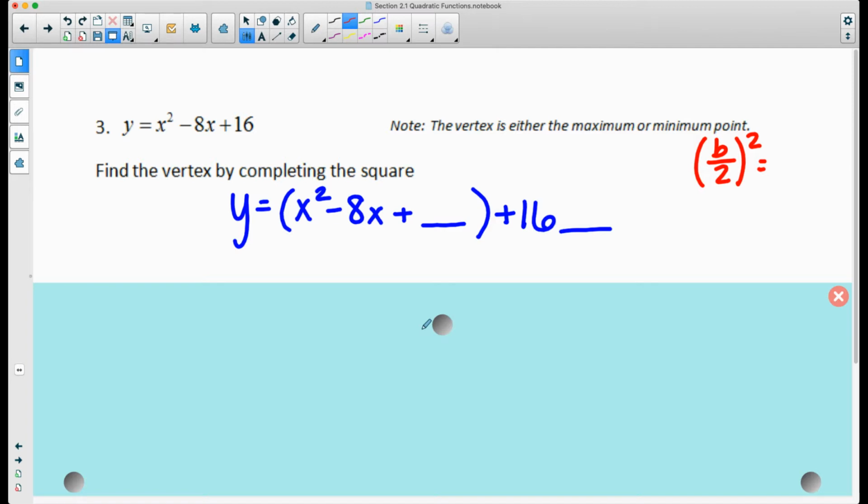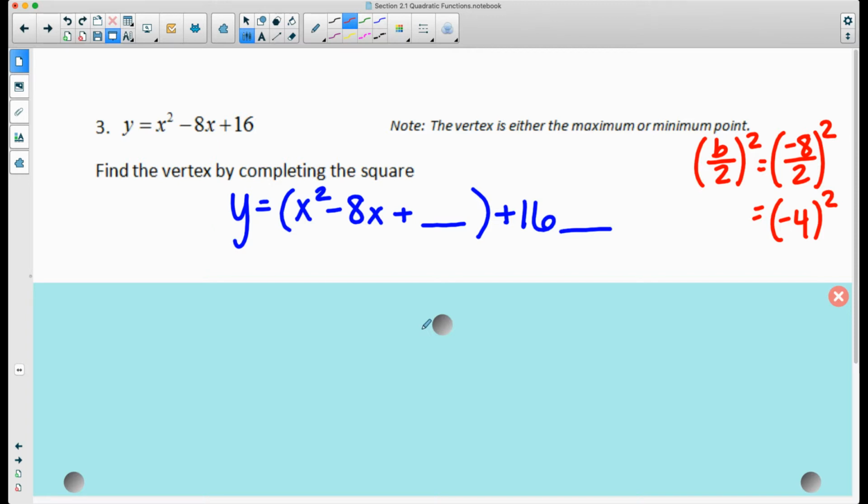So b in this case is -8. -8 divided by 2 is -4. That's another way I'm going to show you in a second.